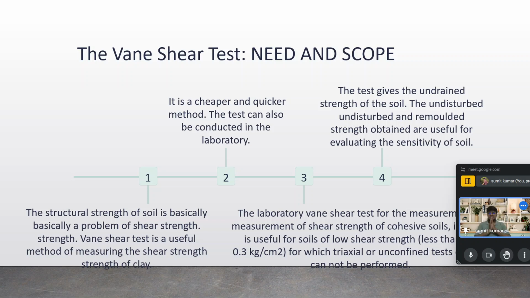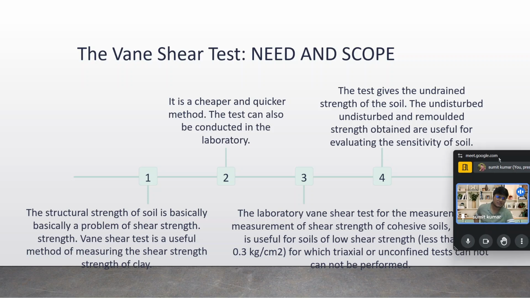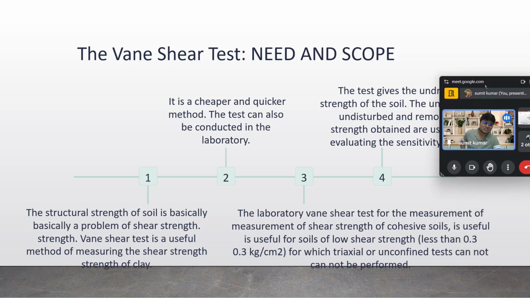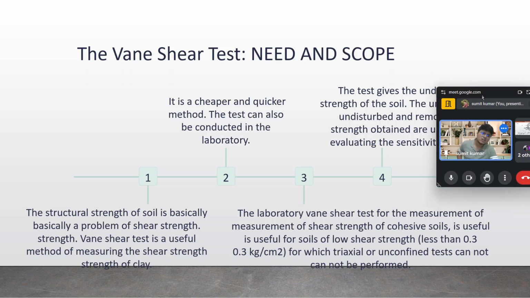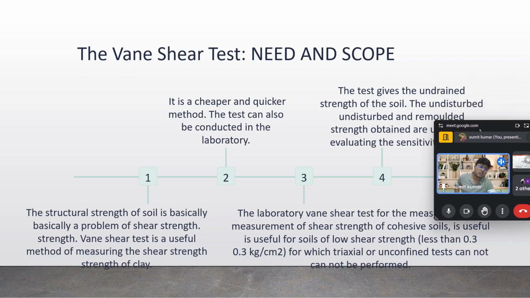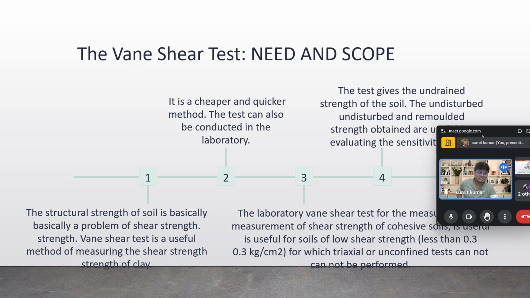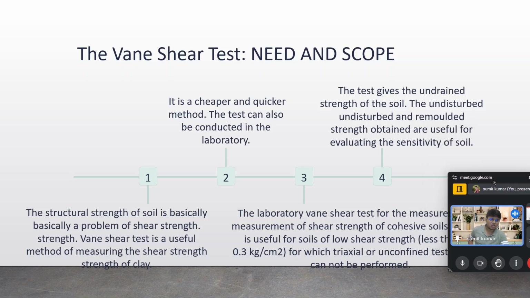As I have said, it is a cheaper and quicker method, and the test can be conducted in the laboratory. The laboratory vane shear test for the measurement of the shear strength of cohesive soil is useful for soil of low shear strength, that is less than 0.3 kg per cm square, for which the triaxial or the unconfined test cannot be performed.